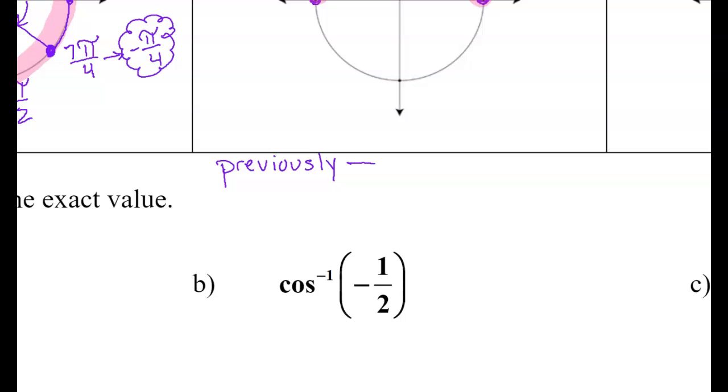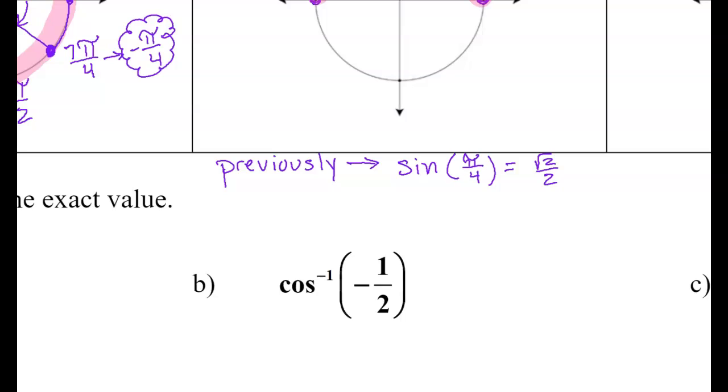So previously, what we were doing, we were taking an angle and finding the sine of that angle in order to know the y value of that angle, right? So sine of pi over 4, if I'm looking on my unit circle for pi over 4, the y value of that angle is square root of 2 over 2. That's what we were doing previously.